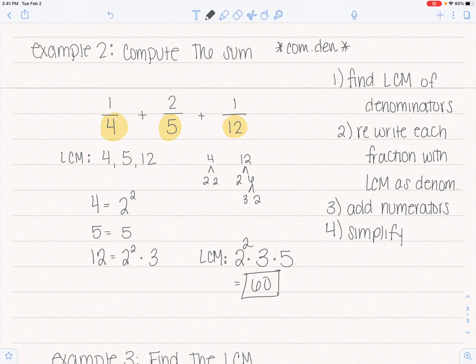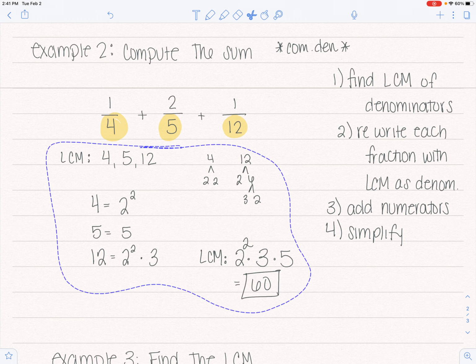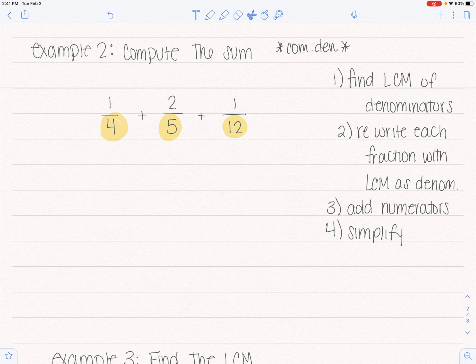Okay, so I'm going to take 60, and I need to make all of those fractions match 60. So what I'm going to do is take all this off. I need to, in step 2, make every fraction match 60.